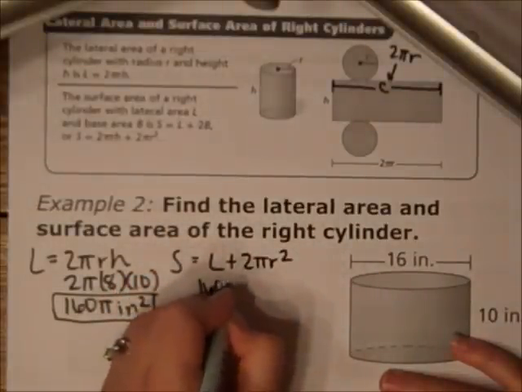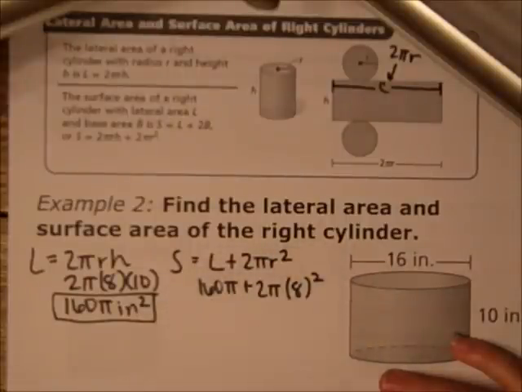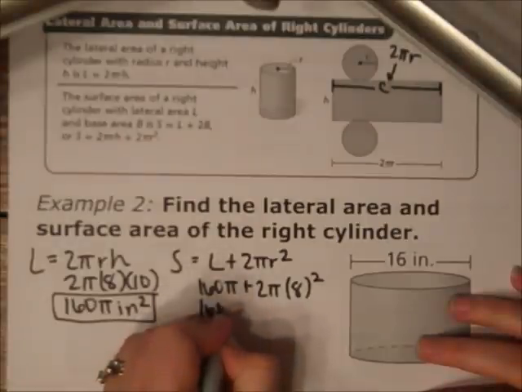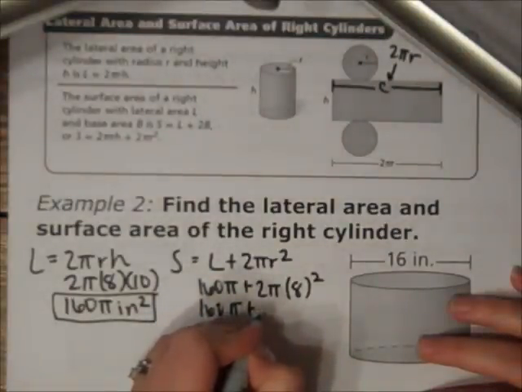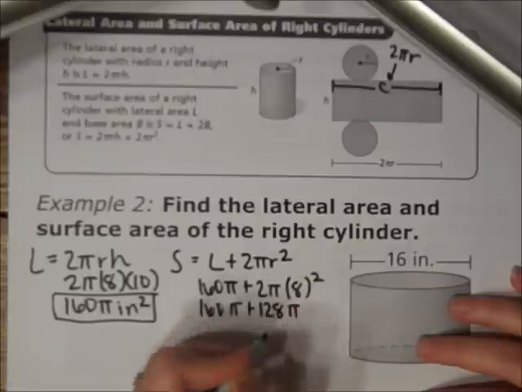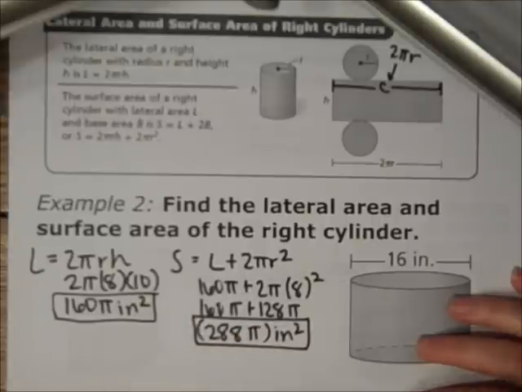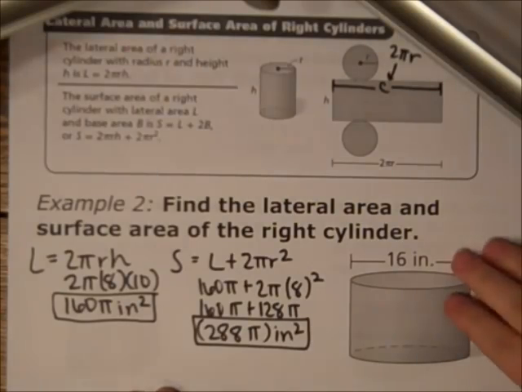So we're going to keep the 160 pi plus 128 pi. And then what's that going to be? 288 pi inches squared. So there's one for lateral and one for total.